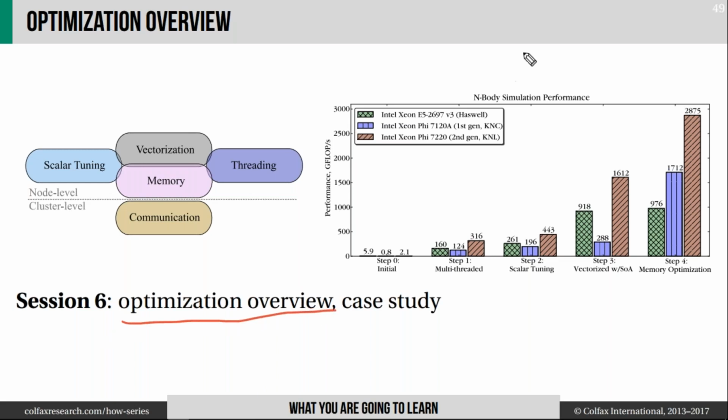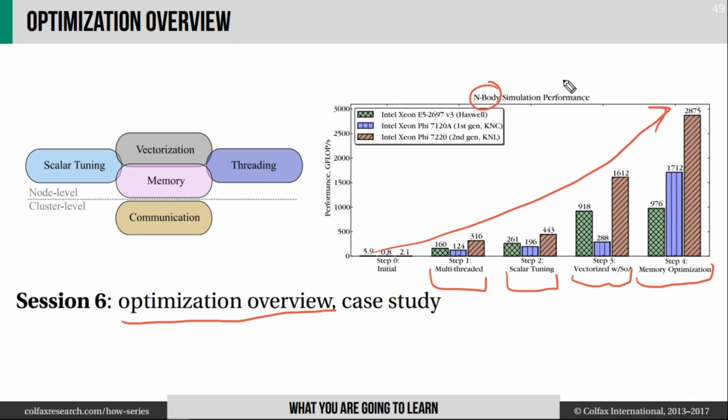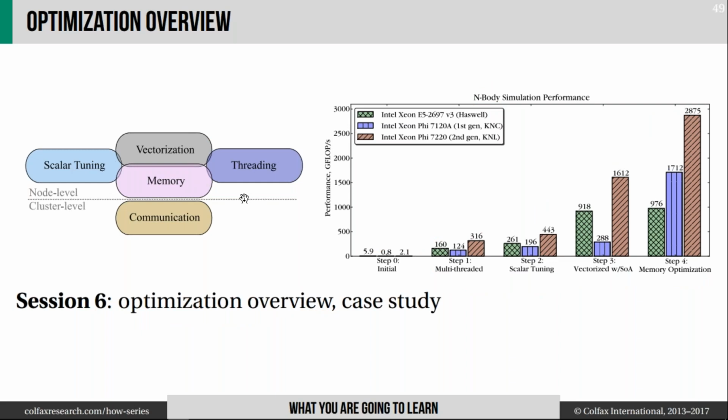I will take an n-body application written in a way that's not aware of the underlying architecture, and I'm going to rewrite this application in such a way that it becomes aware of multi-threading, pipeline optimization, vectorization, memory traffic, and we will experience tremendous speedups, and we will also scale this application across a cluster. So you will see all of the modules of performance optimization in action.